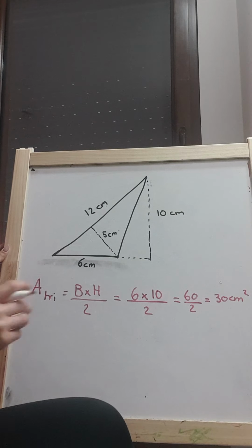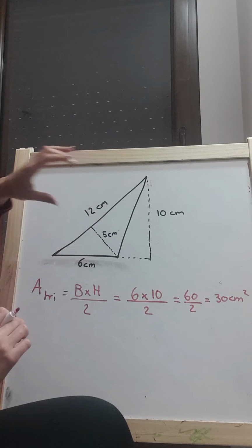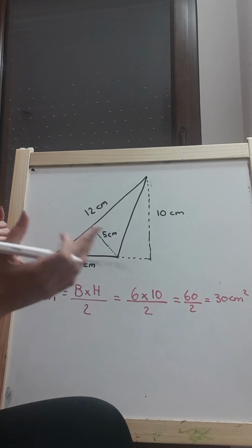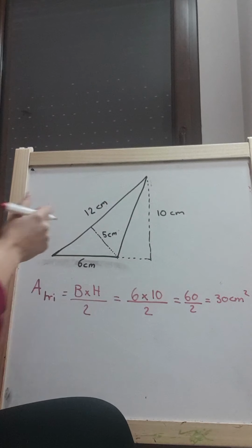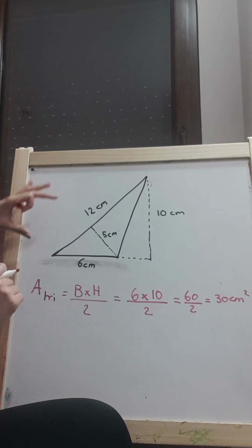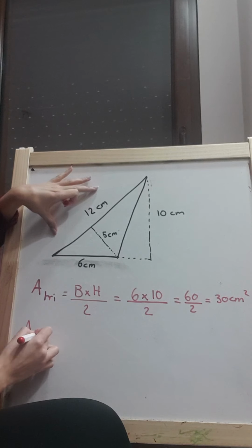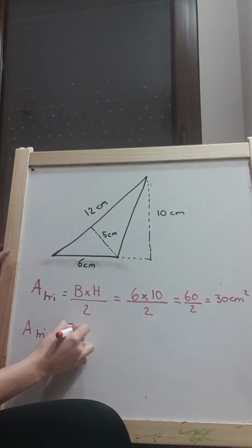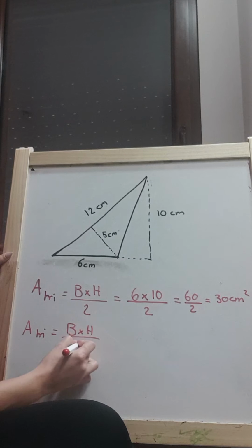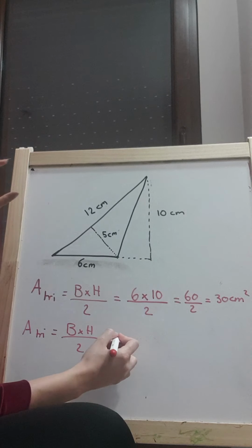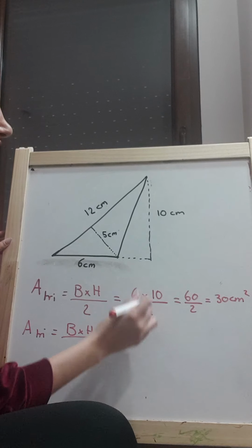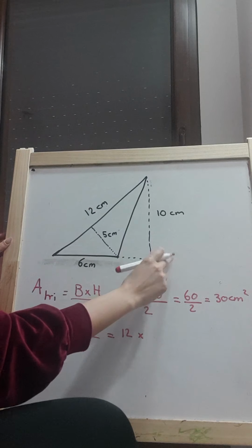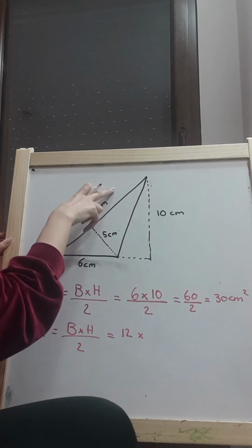Okay. Other students might say, no, I don't want to choose this as the base. I want to choose this to be the base. I say it's okay. As we agreed, any side could be the base of the triangle. So if you choose this to be the base, let me write the rule again. If you choose the 12 to be the base, you cannot multiply it by this height because this height is not for this base.